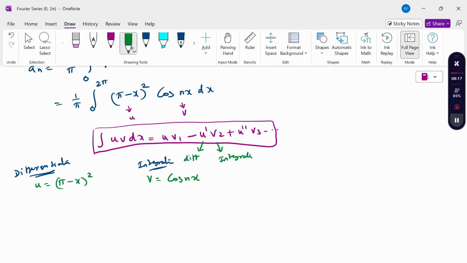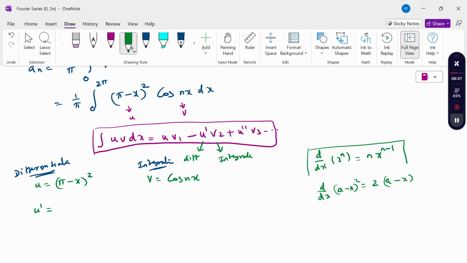When I differentiate u, d by dx of x power n is n into x power n minus 1, and d by dx of (a minus x) whole square is 2 into (a minus x) into the derivative of the variable part, where the constant gives 0 and minus x gives minus 1.